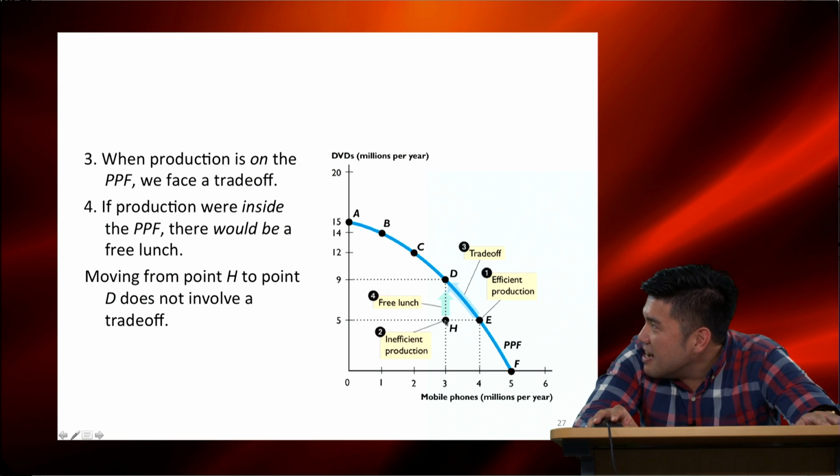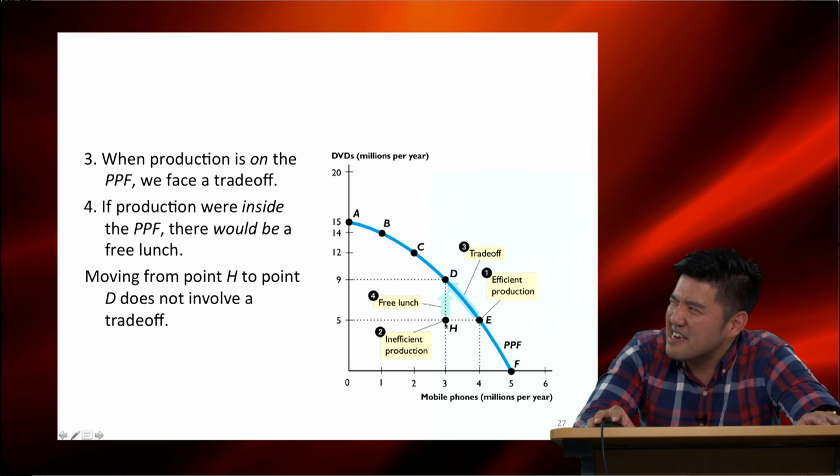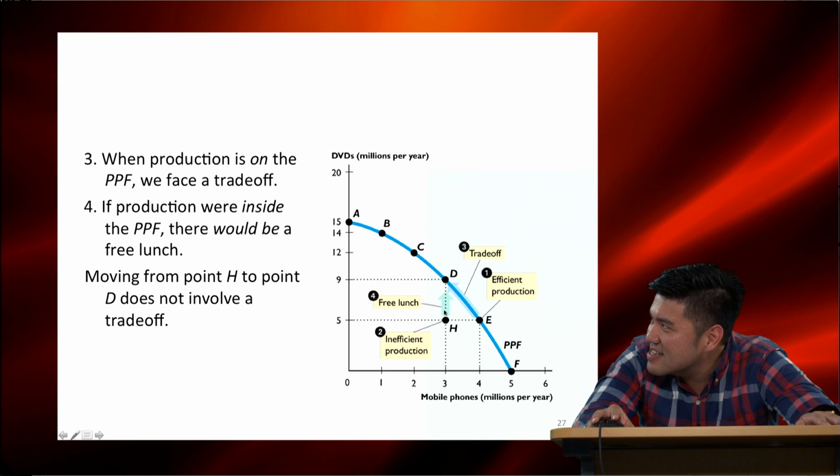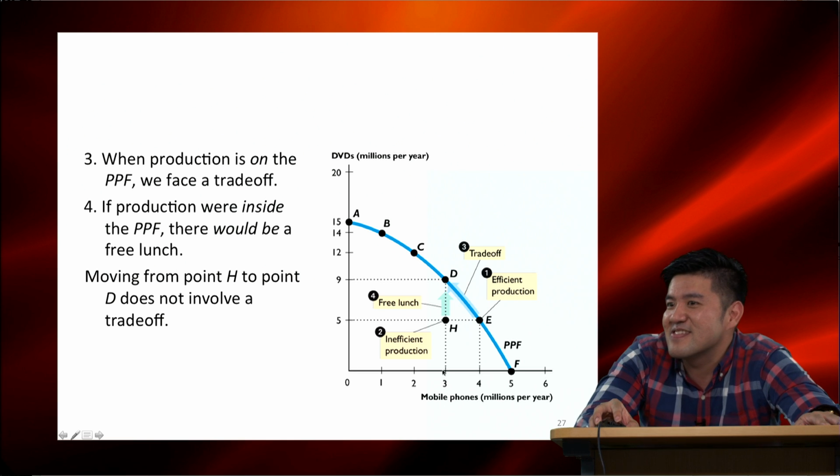See, at point H, you are producing 5 DVDs and 3 mobile phones. But you are being inefficient, guys. You could get a free lunch. That is to say, you could have moved to point D. Given the resources that we have, you should have been able to produce 9 DVDs without giving up mobile phones.